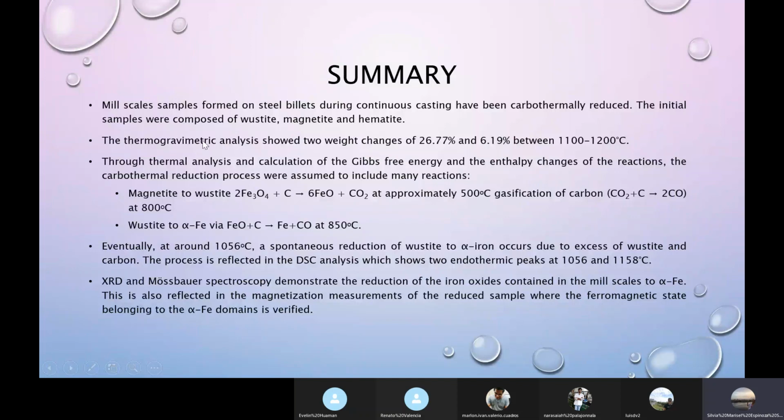The thermogravimetric analysis showed a 2.8 change between 1,100 and 1,200 Celsius. The thermal analysis and calculation of the Gibbs free energy and enthalpy change of the reaction, the carbothermal reduction process, were assumed to include many reactions.